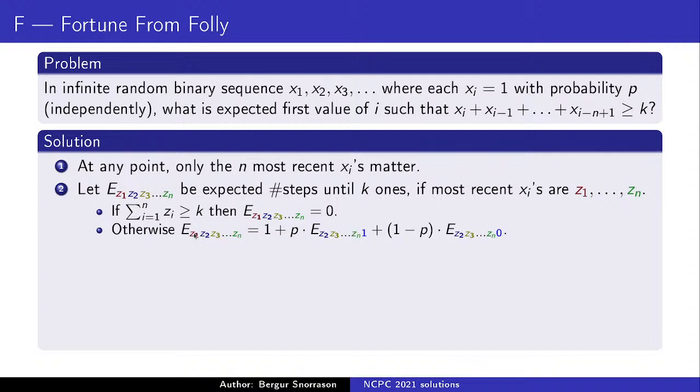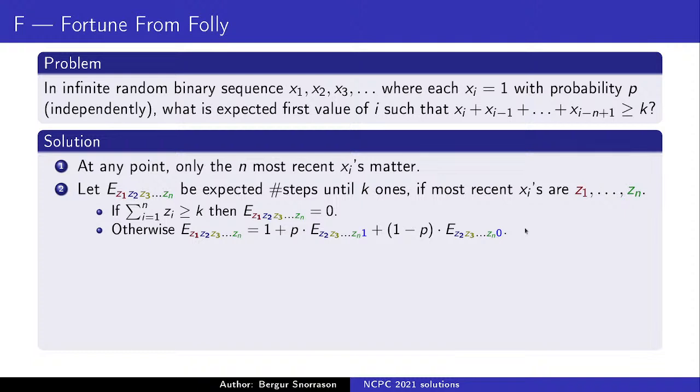So if z1 is the oldest thing, the one that was n steps ago, we drop that one, and we instead put in a 1 here. So it's p times the expected value, e of z2 up to zn, followed by a 1. And with probability 1 minus p, we see a 0 instead, so we have the value of e of z2 up to zn with a 0.